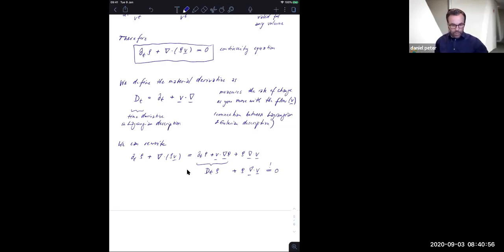Or if we are in a Lagrangian world, moving along with the parcel, we see that 1 over rho times the material derivative of the quantity rho has to be the same as minus the divergence of the velocity field. So this is again the continuity equation, but written from a Lagrangian point of view.